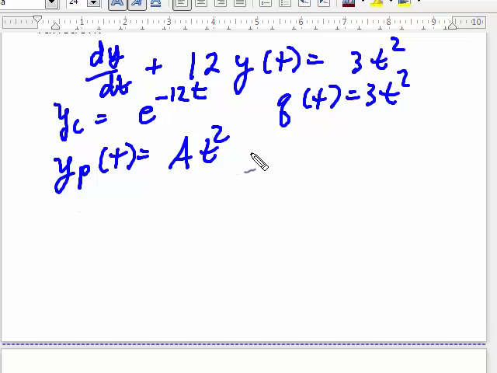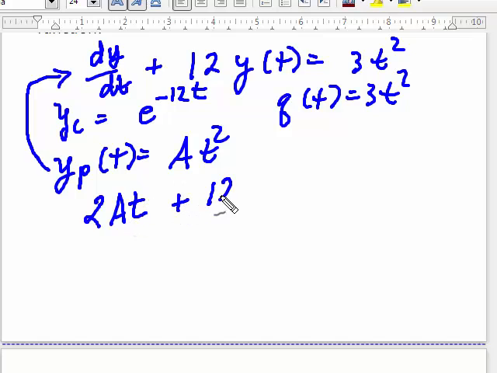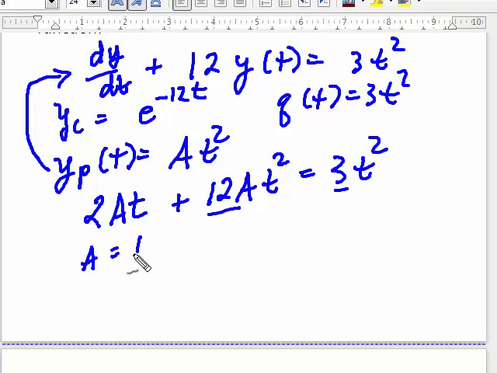So to evaluate the coefficient, I take this y of p and I put it back into this equation. So when I put it back through the equation, taking the derivative here, I've got 2a times t plus 12a t squared equals 3t squared. So now I compare similar terms. I will compare the 12a to the 3 here because they're both t squared terms and get a equals a fourth.